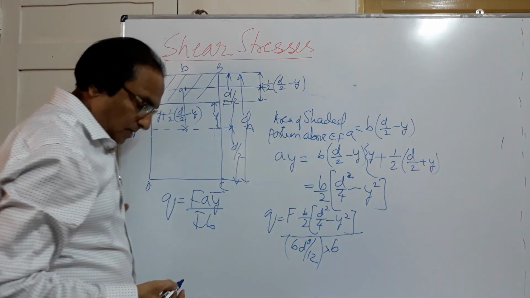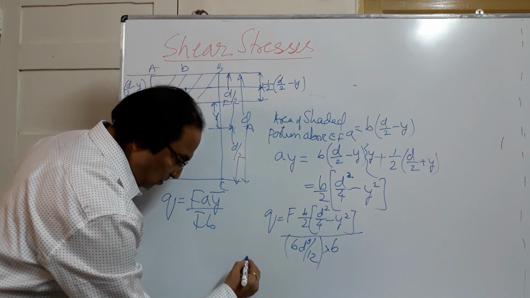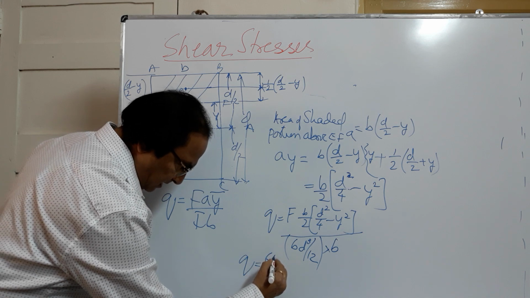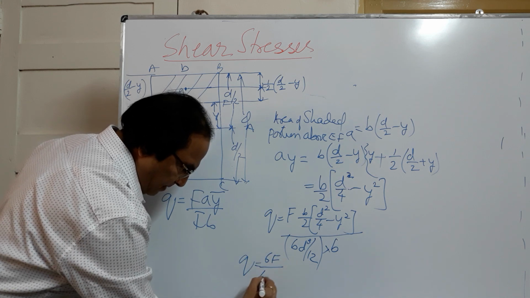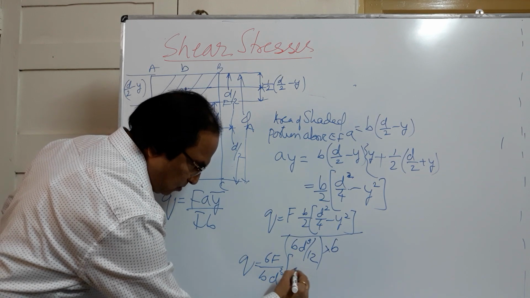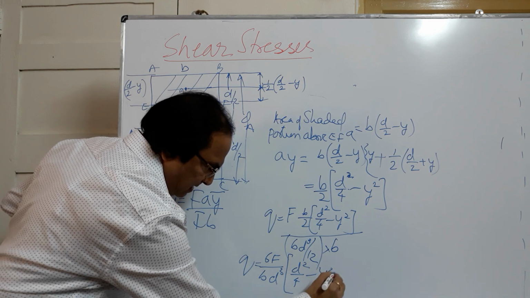So if you simplify this equation, we get q is equal to 6F by B D cube into D squared by 4 minus y squared.